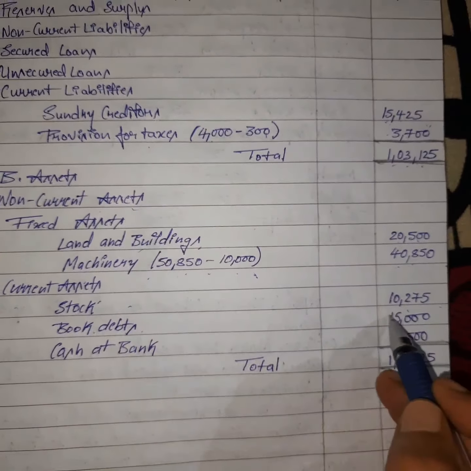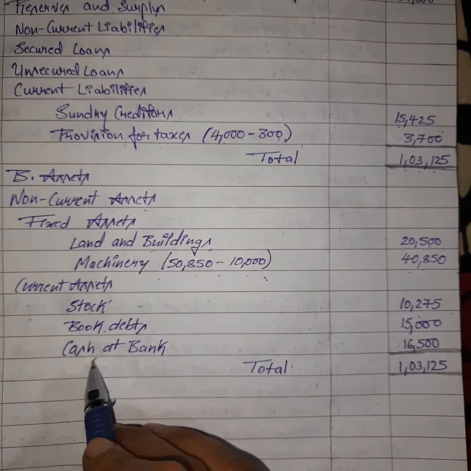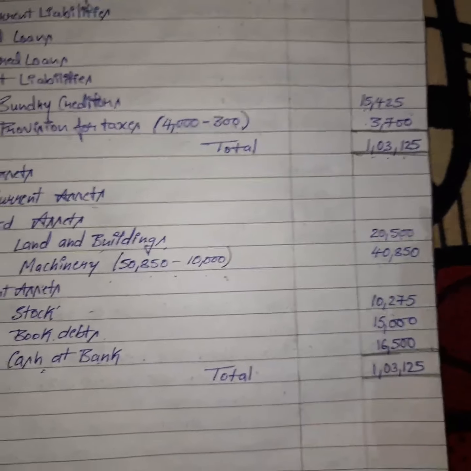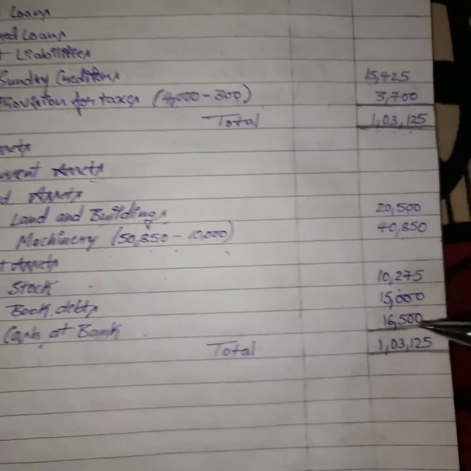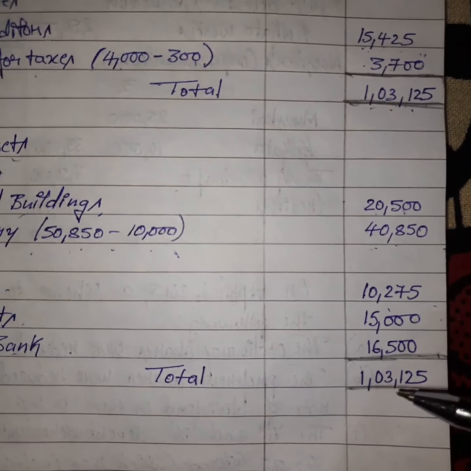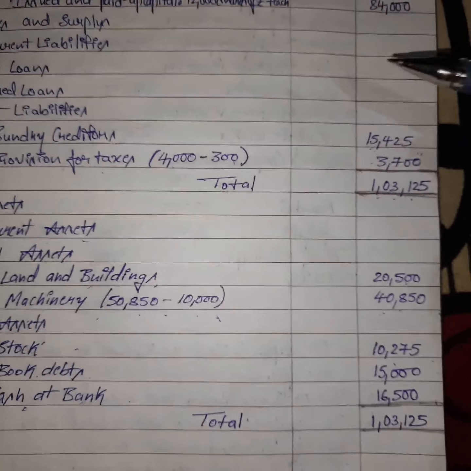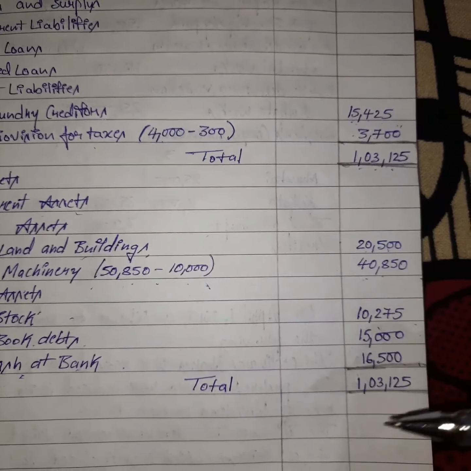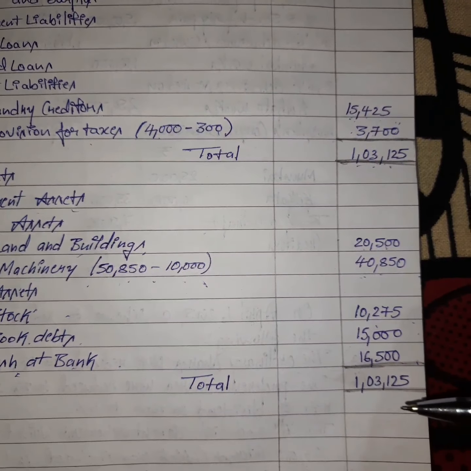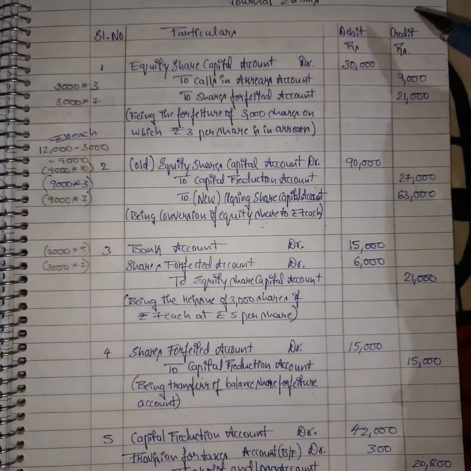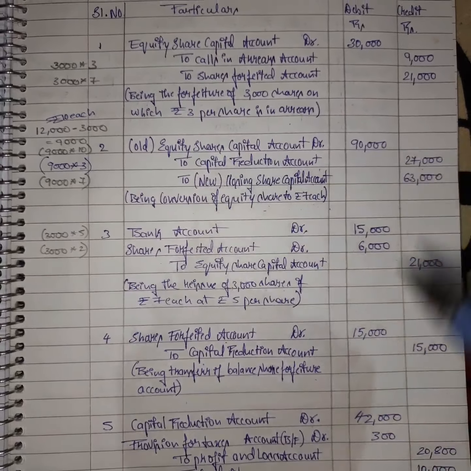Book debts 15,000. Cash at bank 16,500. If you are totaling on the asset side, you will be getting 1,03,125. Both the sides, liabilities as well as assets, you should get 1,03,125.